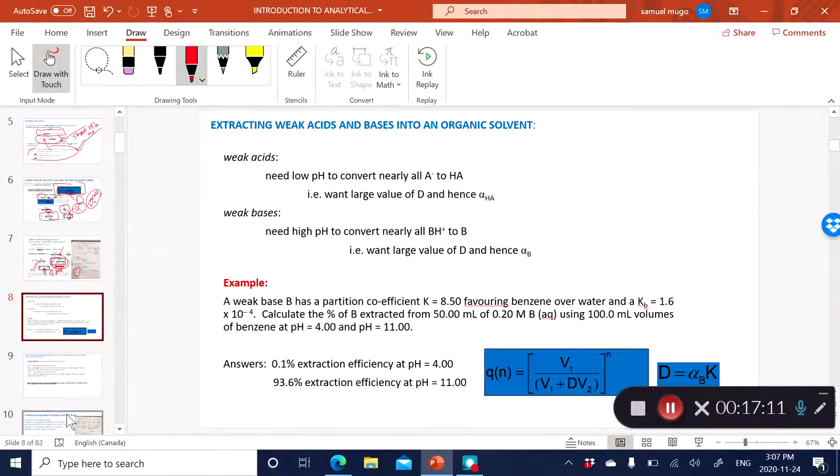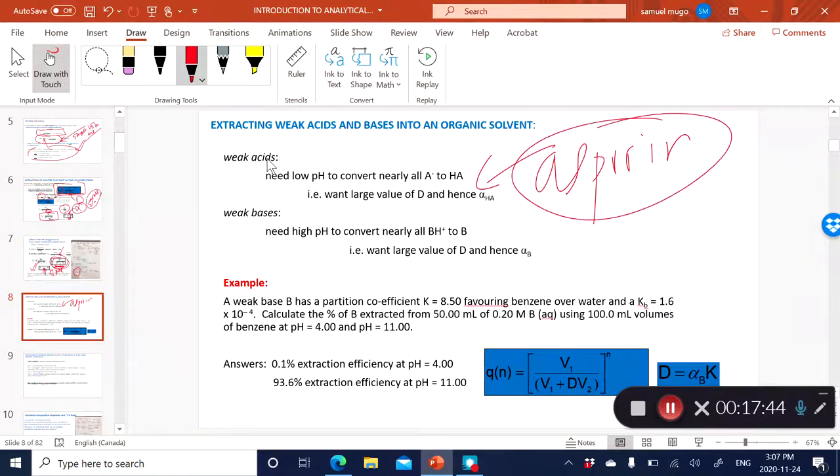So let me take you through how you do extraction of weak acids and bases into an organic solvent. As I've said, weak acids tend to dissociate, bases tend to hydrolyze. The way you do it is you use the pH. So you need low pH when you're extracting weak acids, maybe something like aspirin.